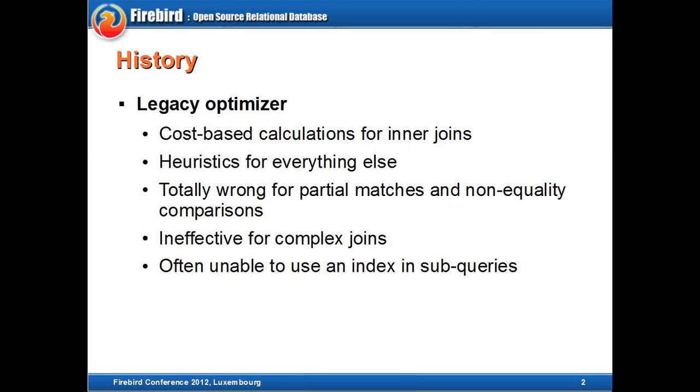But the most problem was related to compound indices, because the engine had just a single value of selectivity for the index. So if it's a single segment index of single column, of course, the selectivity can be used for pretty much everything the engine needs it for. But as long as you have a compound index involving 2 or more segments, and your query only uses the first 1 or first 2 of them, this is known as a partial match.